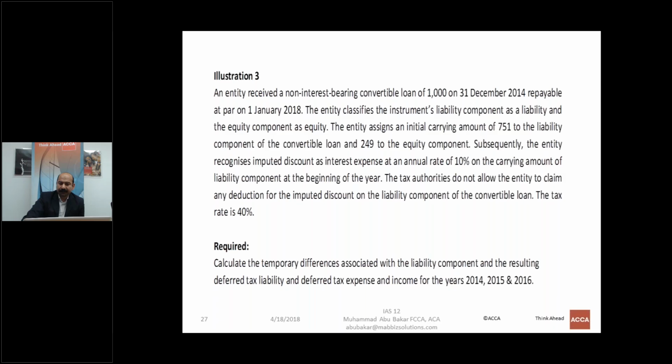Compound financial instruments. See, an entity received a non-interest bearing convertible loan of 1,000 on 31st December 2014.